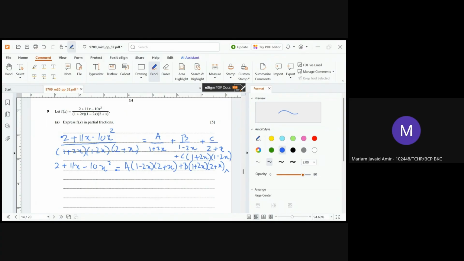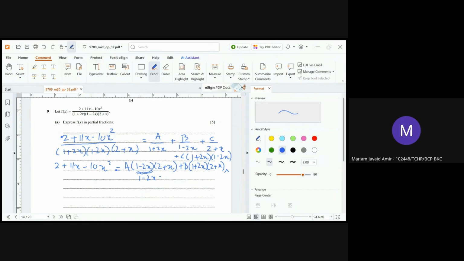Now I'm going to start with, if I want to make this 0, I'll have to write 1 minus 2x equals 0, which means x equals half. So I'll start with let x equals half, so that 1 minus 2x becomes 0 and we get the value of b.